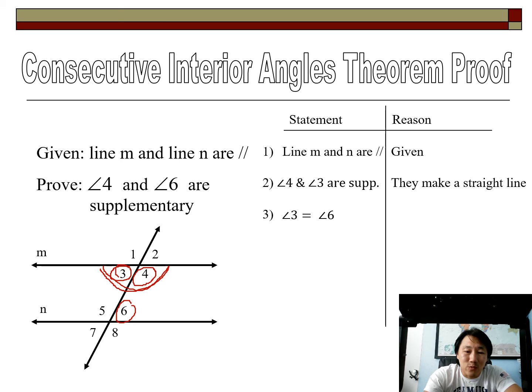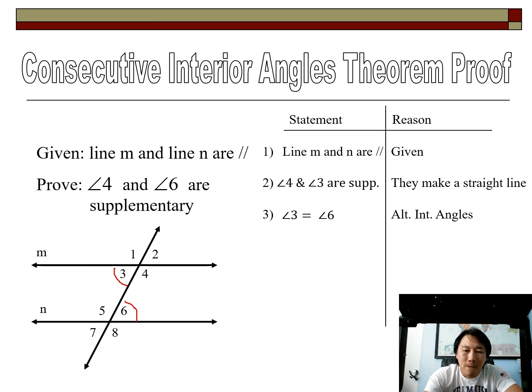And then angle 3 is equal to angle 6. How do I know that? 3 and 6 have a very special relationship. They are alternate interior angles.